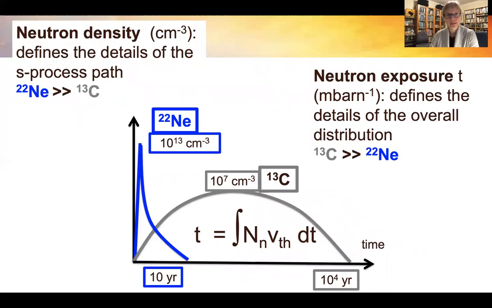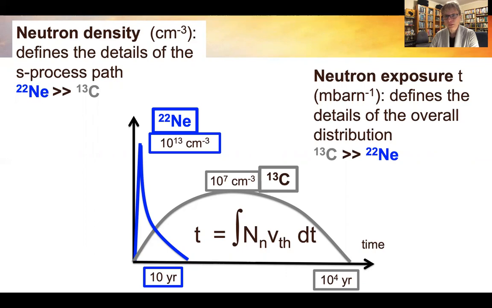So this just shows what I mean here. The neutron density defines the details of the S-process path, where the density for neon-22 is much larger than for carbon-13. However, the neutron exposure tau defines the details of the overall distribution. And this is much higher for carbon-13 alpha N than neon-22, because this tau is the integral of the neutron density times thermal velocity over time.